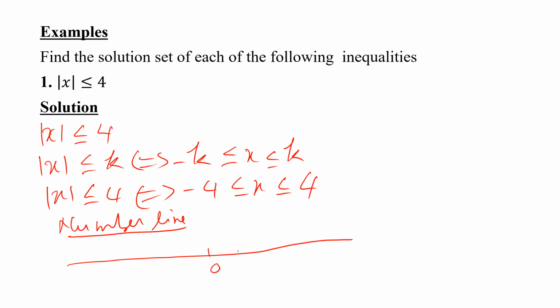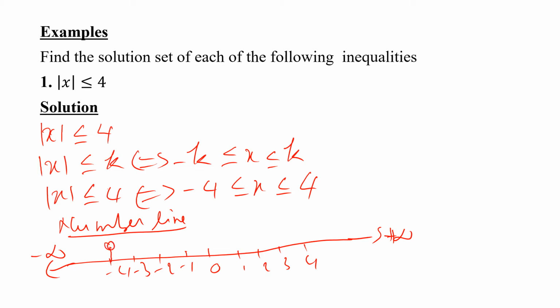Now you have 0, 1, 2, 3, 4, plus infinity. You have negative 1 here, negative 2, negative 3, negative 4. Here is negative infinity. Now as you see, x is between negative 4 and 4.